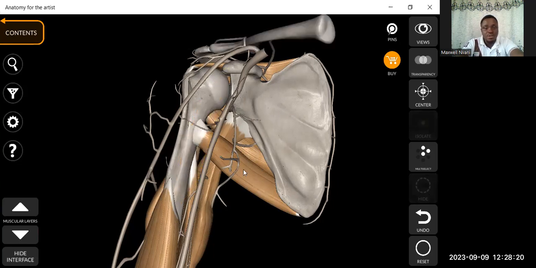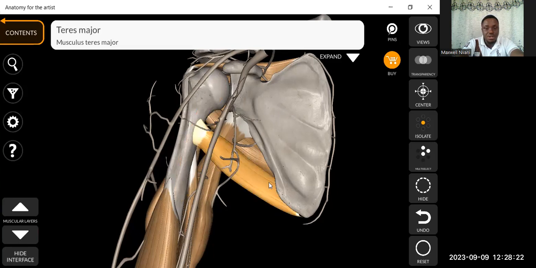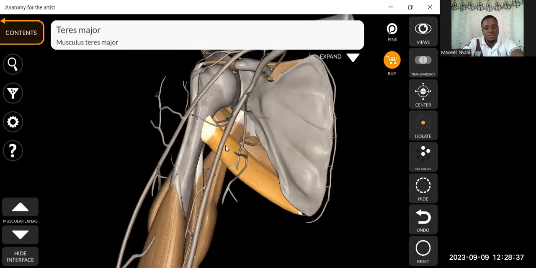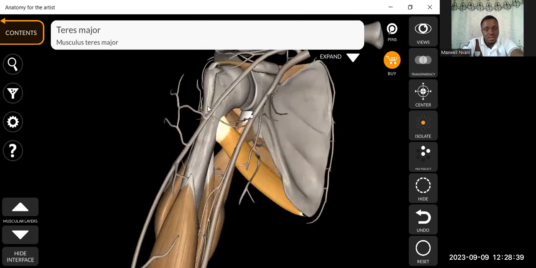Now, you can see this is your teres major, from the scapula posteriorly all the way in front to the medial lip of the intertubercular sulcus, all right? This muscle goes to the medial lip. There's a muscle that goes to the lateral lip, and there's a muscle that is attached to the floor.